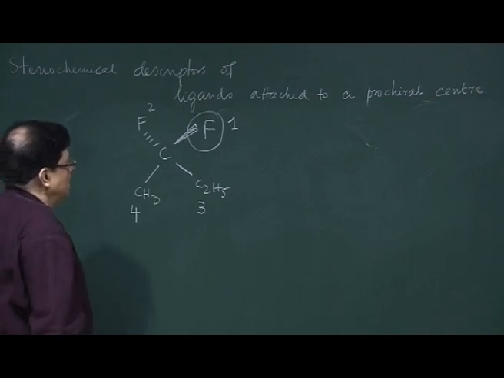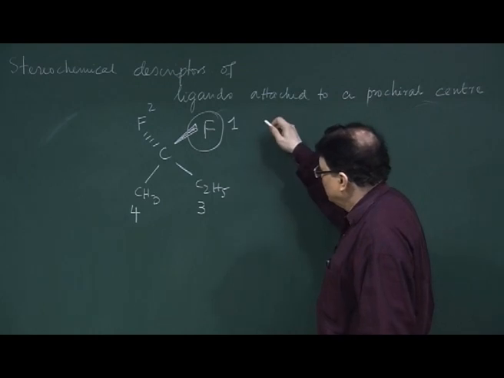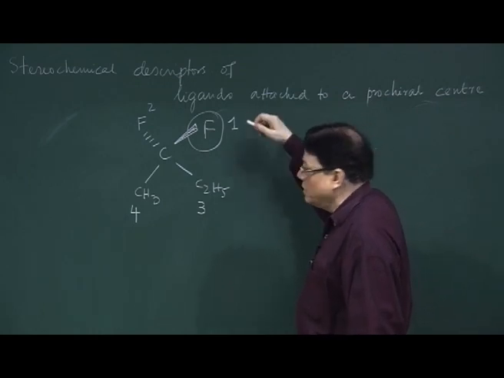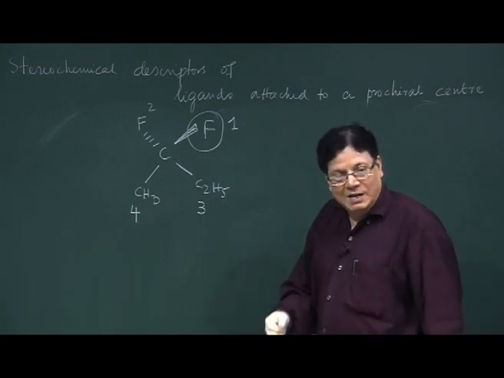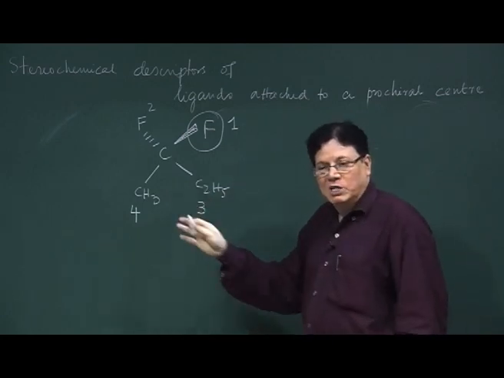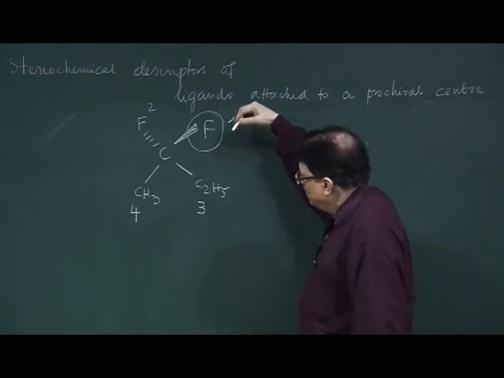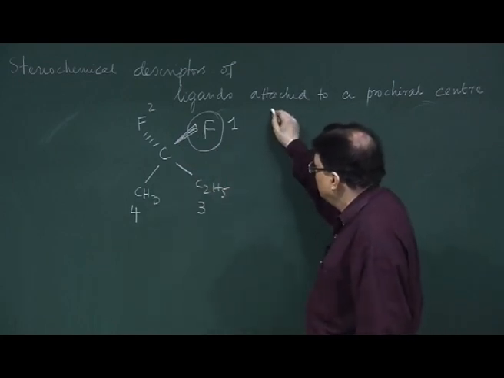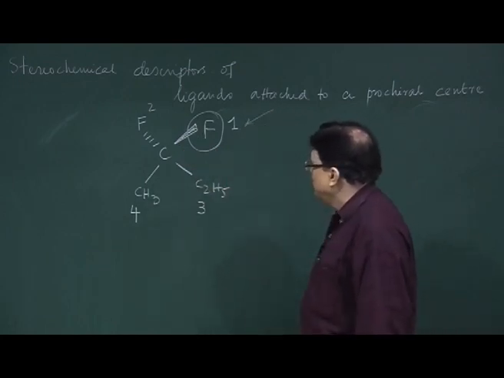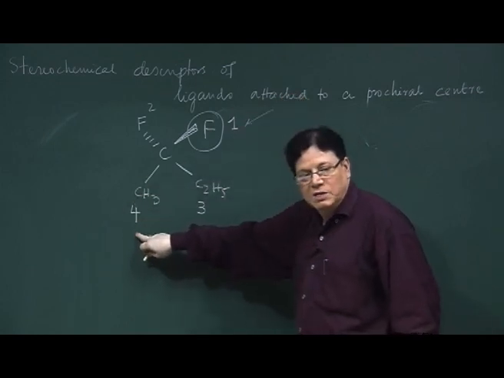Now you need some 3-dimensional vision to check whether it is R or S. Again, you can convert it into the Fischer projection and do it, that is one way, or if you are very good at figuring it out from the wedge formula, you can do that. For the sake of time, I look from this side, because I should look from the opposite side of the 4.